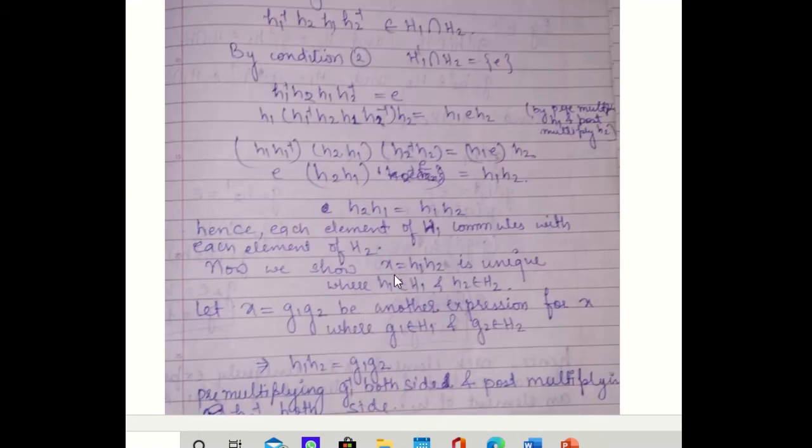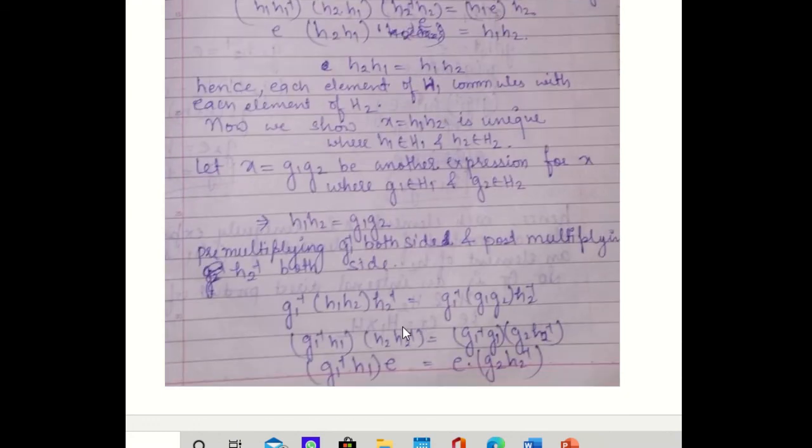Now we show X is equal to H1 times H2 is unique, where H1 belongs to capital H1 and H2 belongs to capital H2. If possible, let X be expressed as G1 G2 as another expression of X, where G1 belongs to capital H1, G2 belongs to capital H2. So this implies X is equal to H1 H2 and this will be equal to G1 G2.